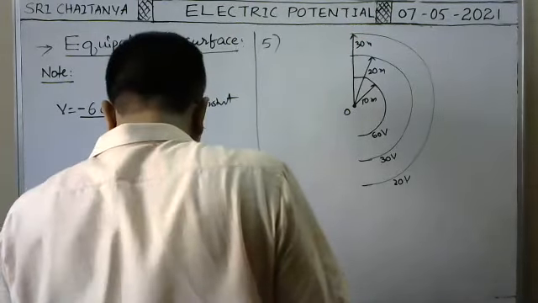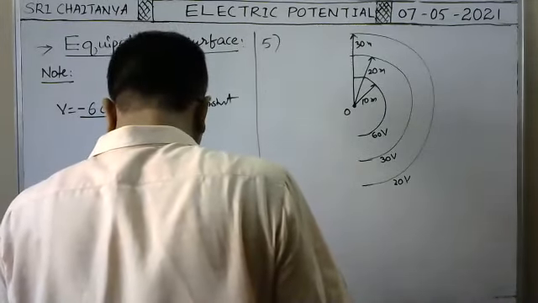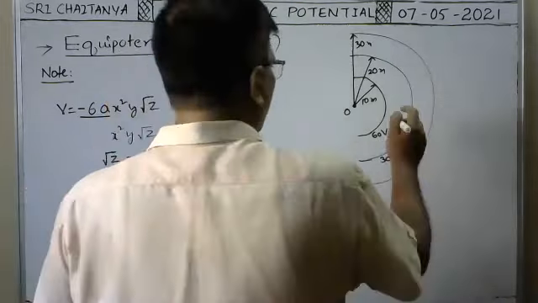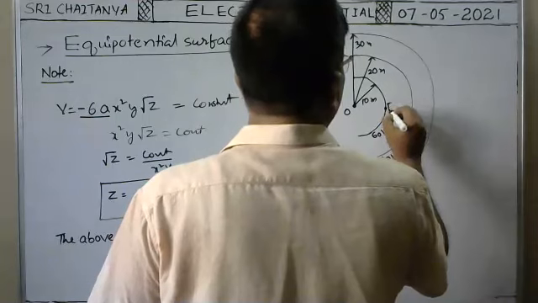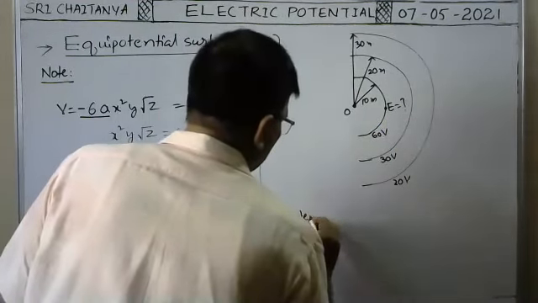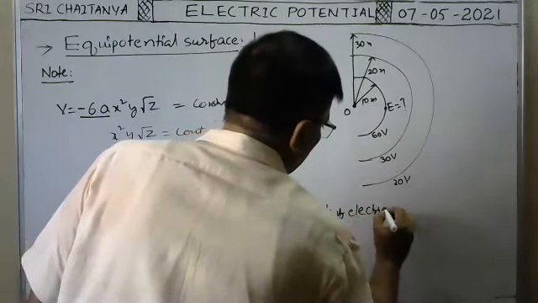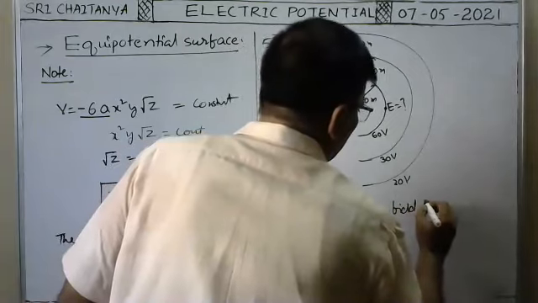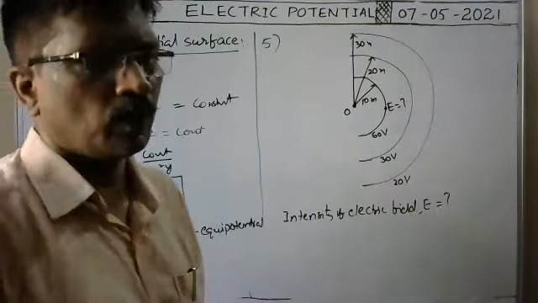Then, what is the intensity of electric field at this point? They ask, intensity of electric field, capital E is equal to what?